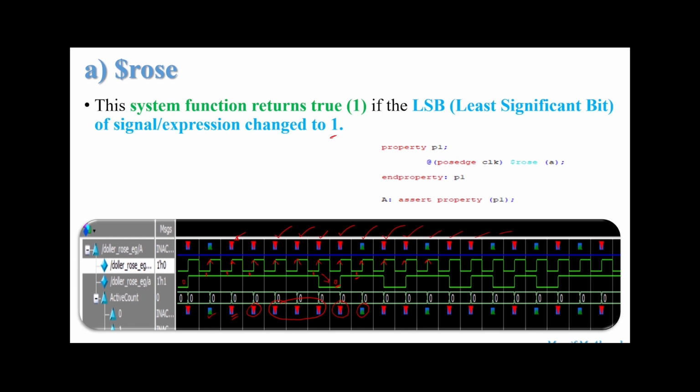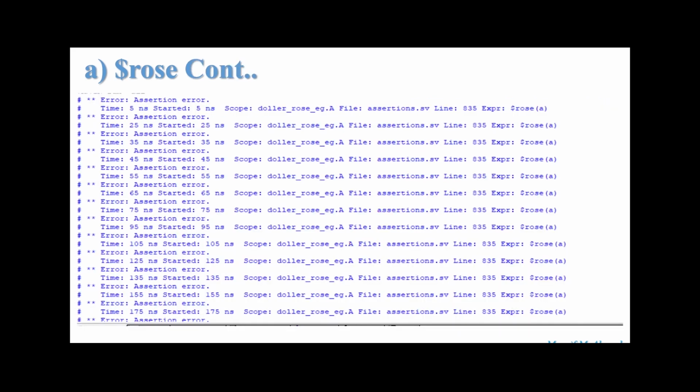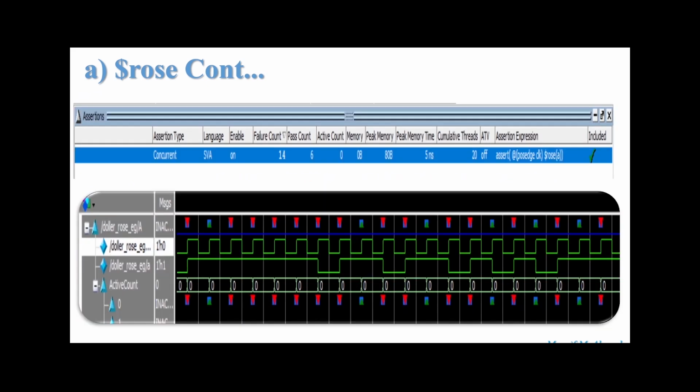So as you can see over here, the red triangles are nothing but the assertion failing. And if you analyze the waveform, you'll find the error messages for that particular time instance. If you check the assertion tab in Ghost-Async, you will find that it shows the failure count and pass count.